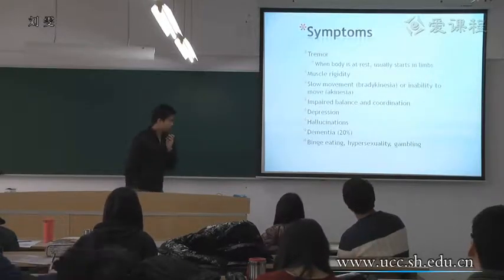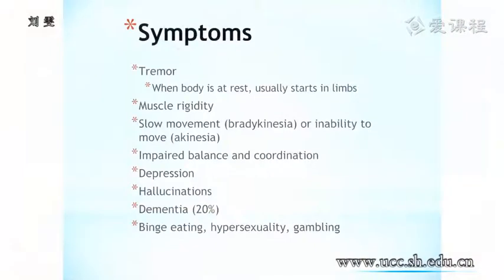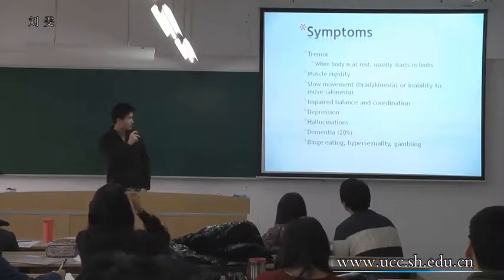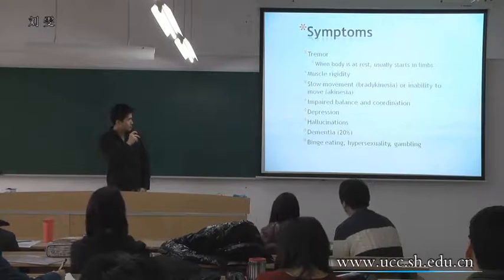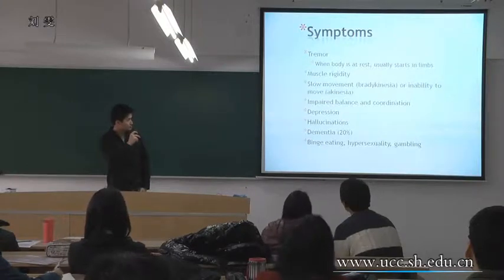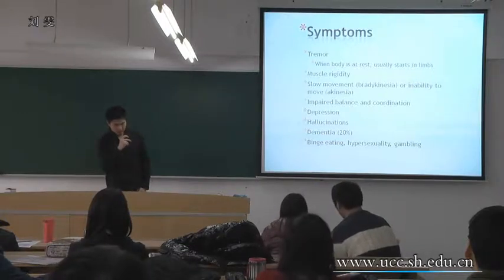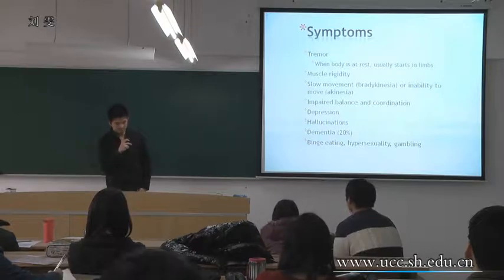And the symptoms of Parkinson's, I think most people already know, is a tremor, which usually starts in the limbs, along with muscle rigidity, bradykinesia, which is slow movement, and it progresses to akinesia, which is the inability to move.